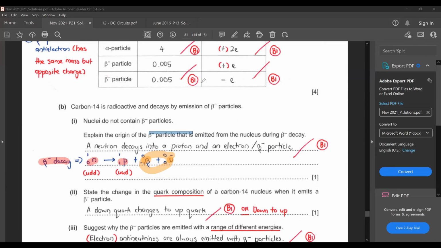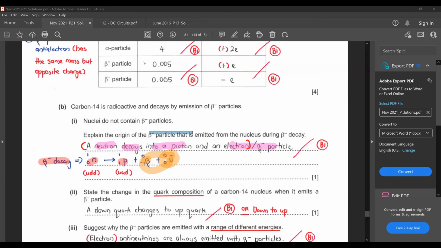So how did the beta minus particle come about? It is because a neutron decays into a proton and an electron. You don't need to write the electron anti-neutrino, but if you wrote it as part of your answer, it is also fine. The two main things they want to see are the mention of a neutron decaying into a proton and an electron.